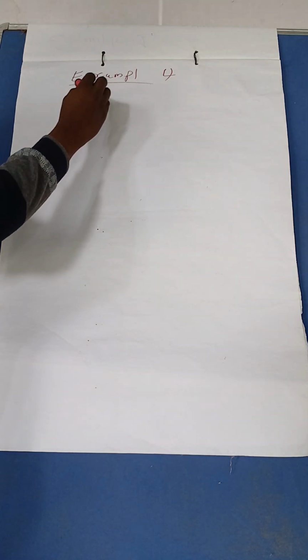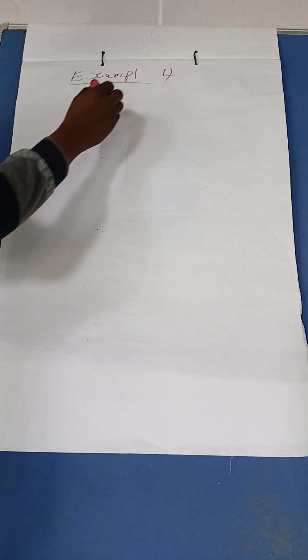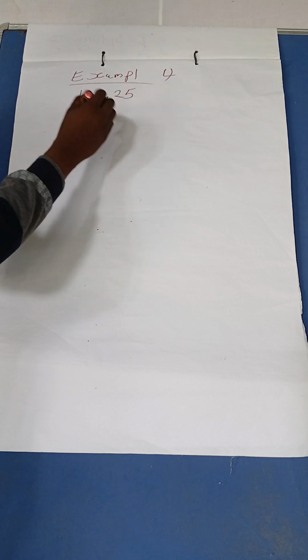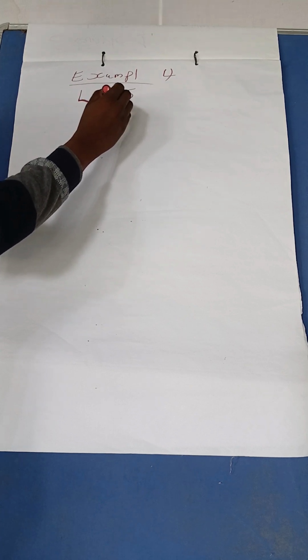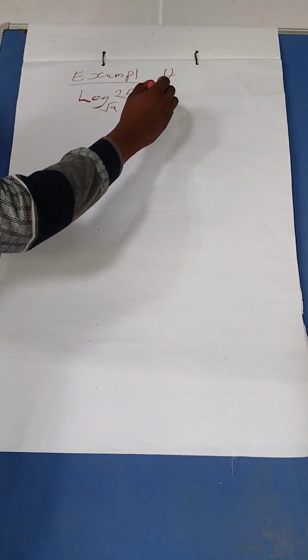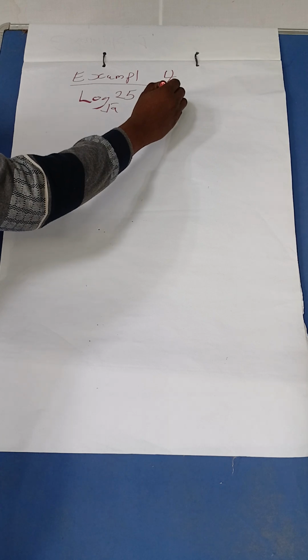So we have log 25 to base square root of a. Remember, we are solving for the unknown. It is equals to negative 4.